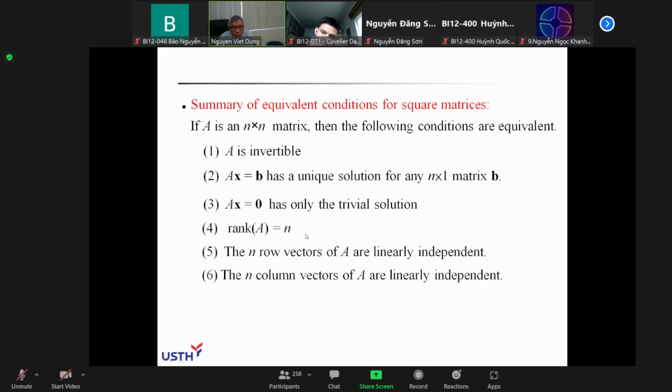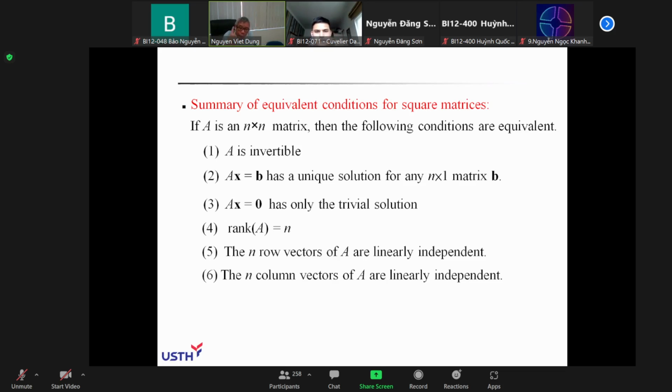And I would like to explain to you only one thing, that is why we have claim number 4. We know that A is invertible if and only if AX equals 0 has only the trivial solution. It has only the trivial solution, meaning the solution set consists of only one vector. Then the solution set is what we call the solution space.